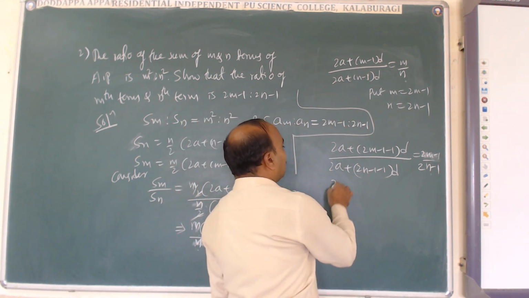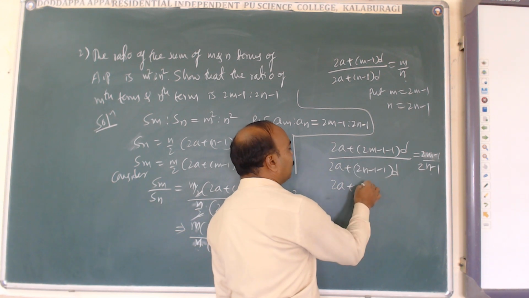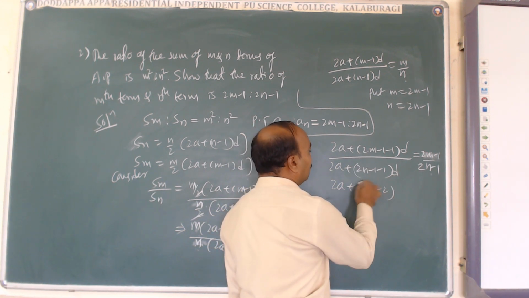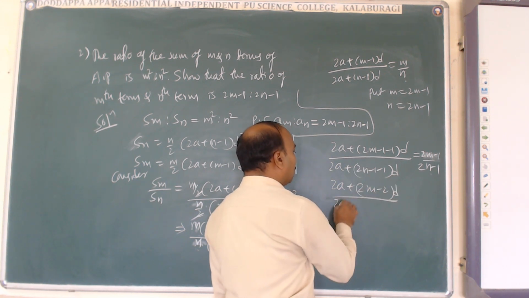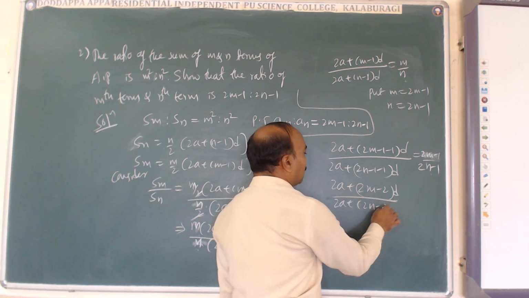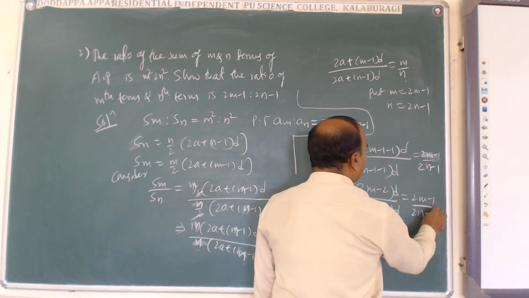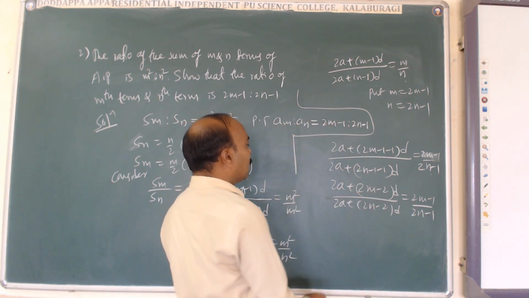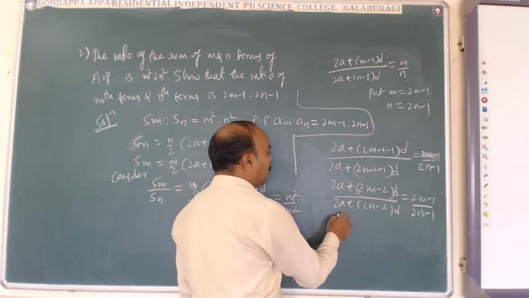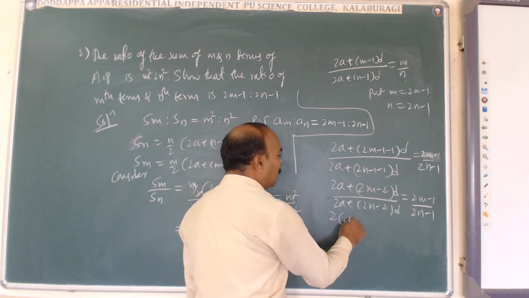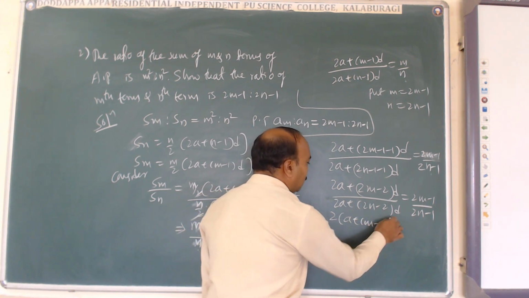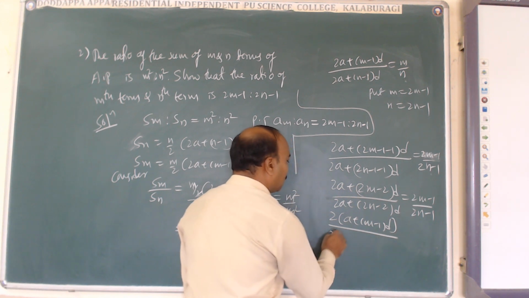Now we get 2a plus 2m minus 2 into d divided by 2a plus 2n minus 2 into d equal to 2m minus 1 by 2n minus 1. Now here we observe that 2 is common. We get 2 outside, a plus m minus 1 into d. Here also 2 is common.